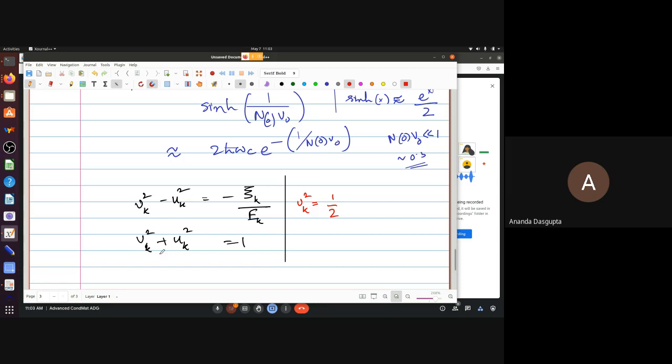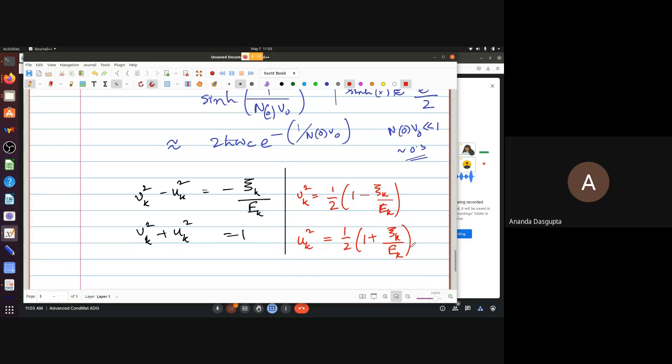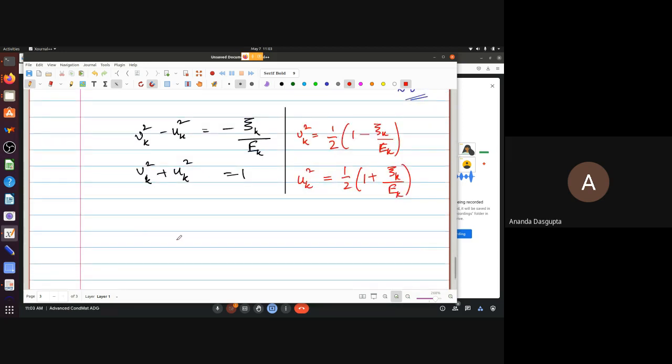So all you do is just add these two and halve the result. So half into 1 minus xi k by Ek. Of course, if you know one of them, the other one is simply 1 minus that. So it's really not important to discuss both of them. But Vk squared, this is what it looks like.